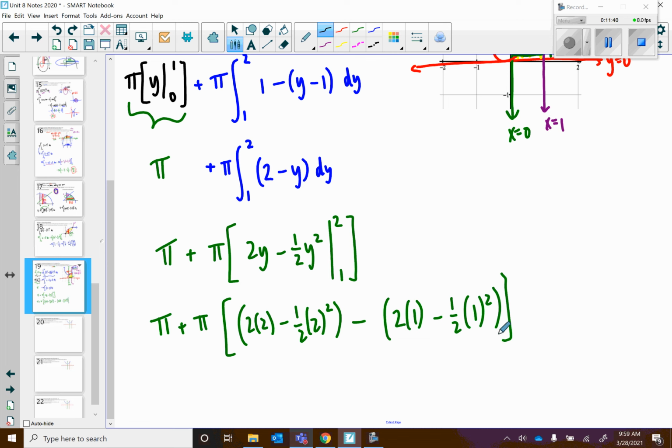And I take some time to actually evaluate this. 2 times 2 is 4, and then 4 minus 2 is 2. And then we've got 2 minus 1/2, which is 1/2.